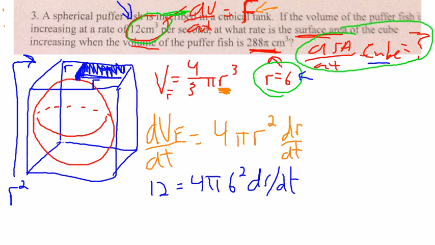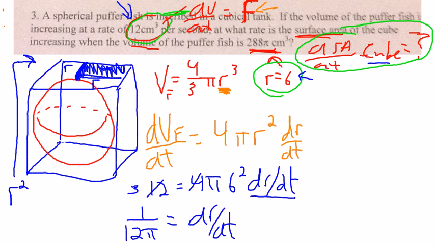And then when I divide the 3, so boom, boom, 3. Now I divide by 36. 3 goes into 36 12 times. So if I divide by everything there on the right hand side, I get 1 over 12 pi equals what's left, which would be that, dr dt. Okay.